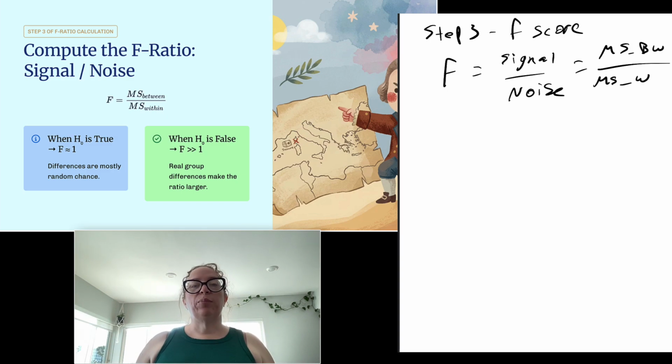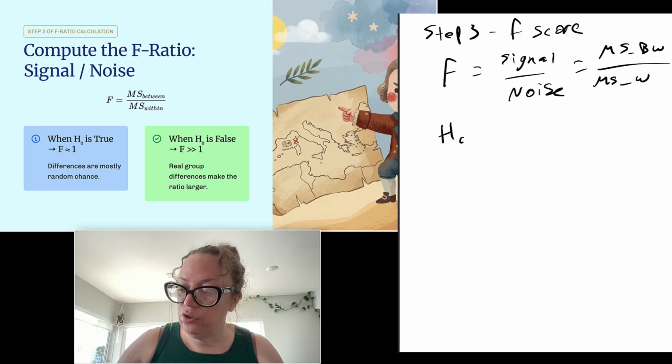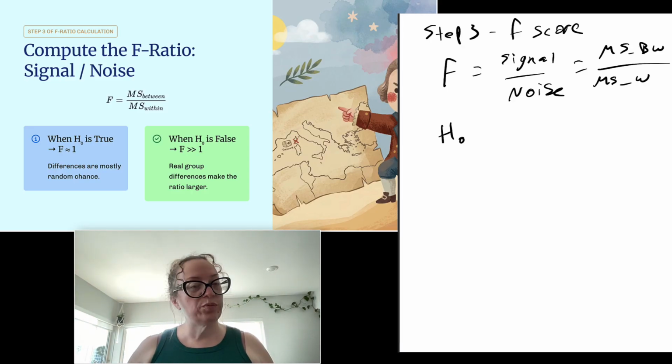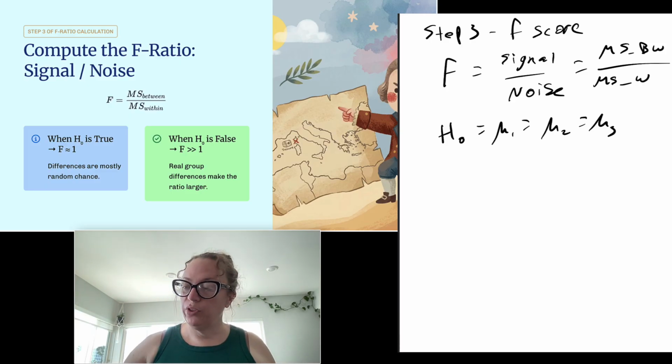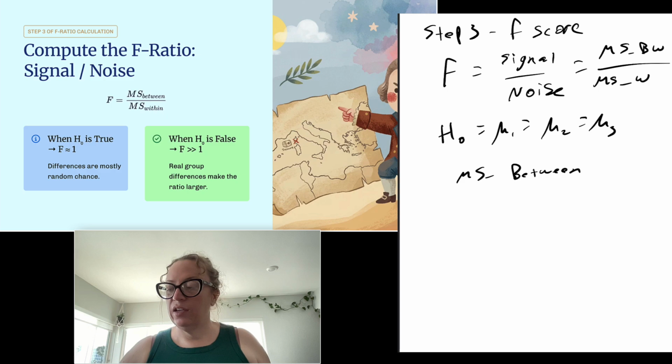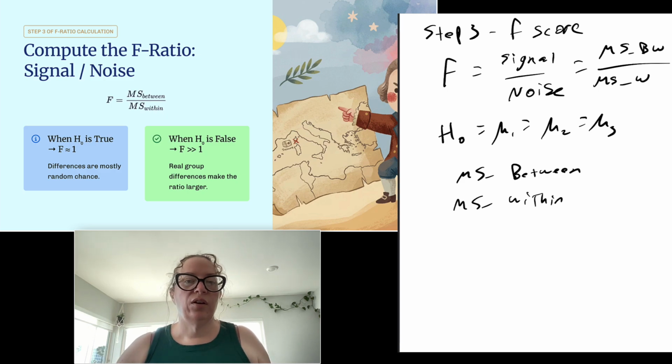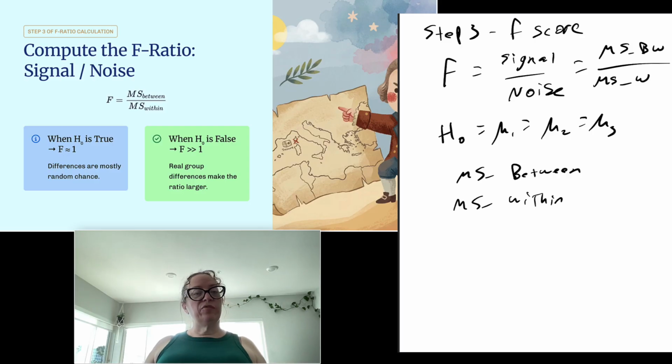So when the null hypothesis is true, if the null is true and all groups are equal, there's no differences between groups. Remember, mean 1 equals mean 2 equals mean 3 equals mean 500. They're all equal. Then both MS between and MS within have basically the same variance, okay?